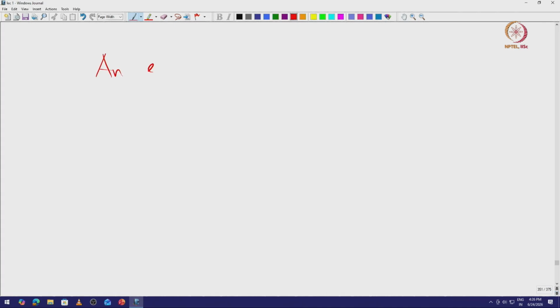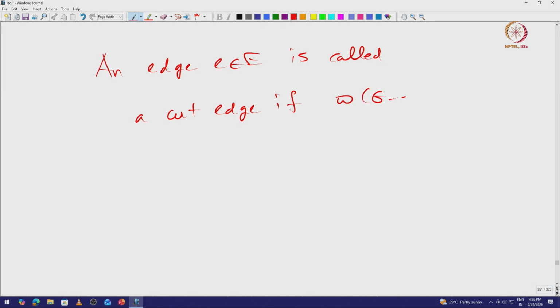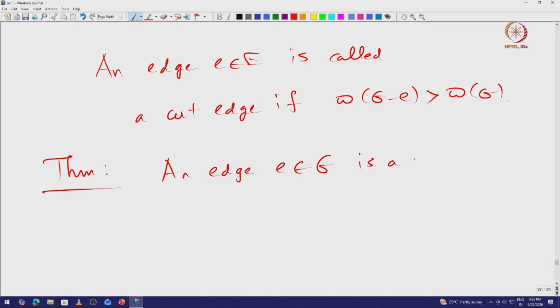So, an edge e in E is called a cut edge if omega of G minus e is greater than omega of G. Now, a very interesting theorem about the characterization of cut edges: an edge e of G is a cut edge if and only if e is contained in no cycle of G.